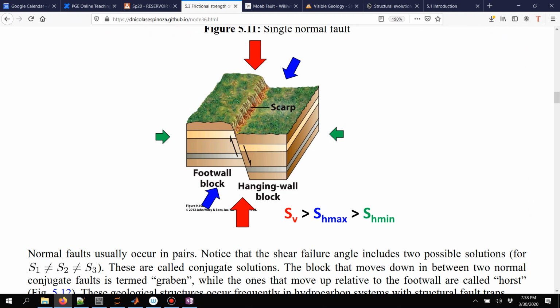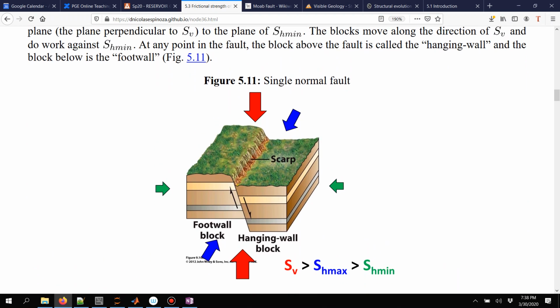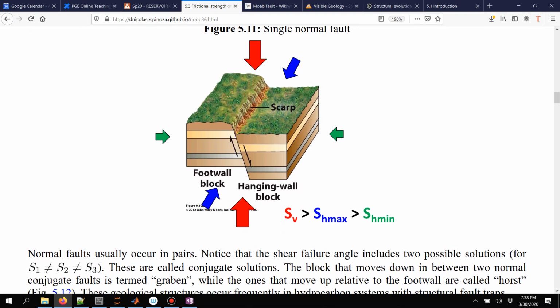So a normal fault is going to be caused by this type of stresses, in which the fault is going to be aligned with the stresses. In this particular normal fault, the hanging wall is going to move down relative to the footwall.